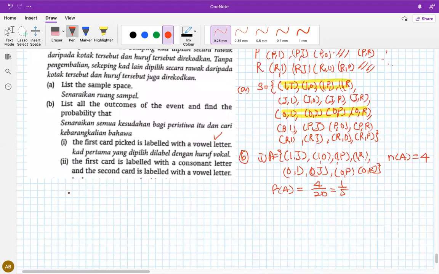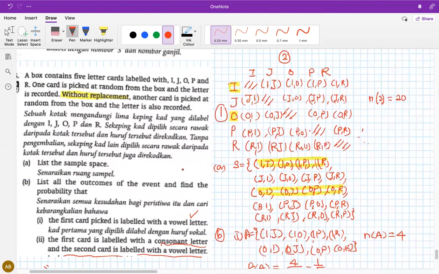B2. B2 is the first card is labeled with a consonant letter, and the second card is labeled with a vowel letter. So that means one consonant, one vowel, consonant and vowel. So let's say consonant and vowel, you use green to highlight.